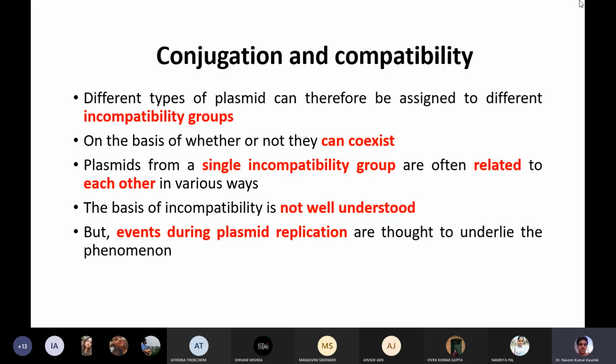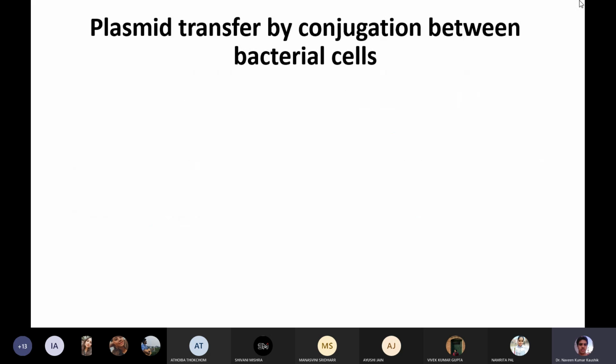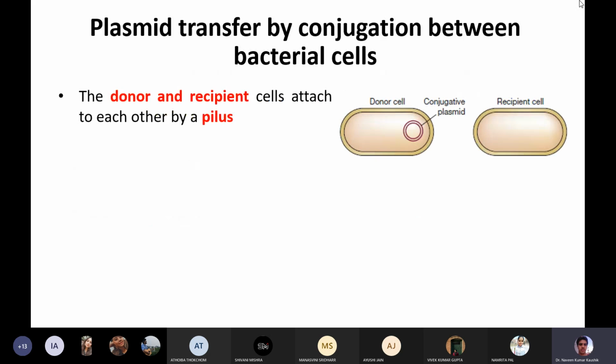Plasmids from a single incompatibility group are often related to each other in various ways. The basis of incompatibility is still not well understood; scientists are still working on what makes them non-compatible with each other. So this is where we talked about compatibility and incompatibility.